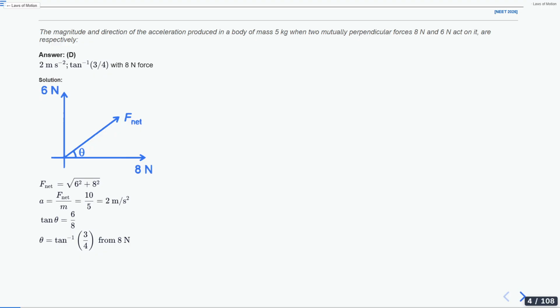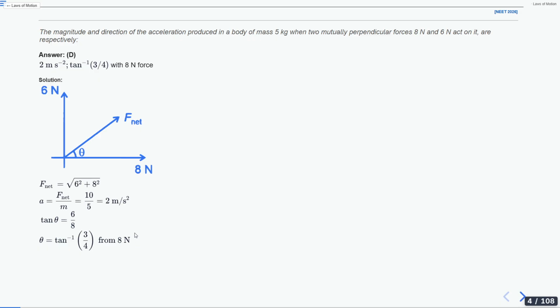Let's say the net force makes an angle theta with the 8 Newton force. Tan theta equals perpendicular divided by base. Perpendicular is 6 Newton and base is 8 Newton, so tan theta equals 6 divided by 8, which gives 3 divided by 4. So theta equals tan inverse 3 by 4.